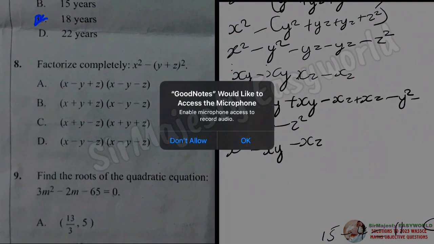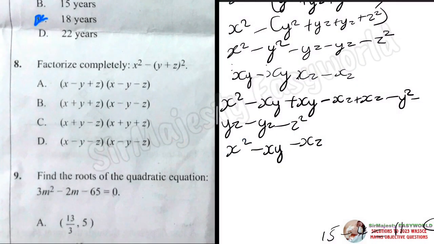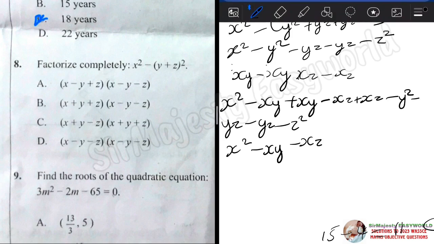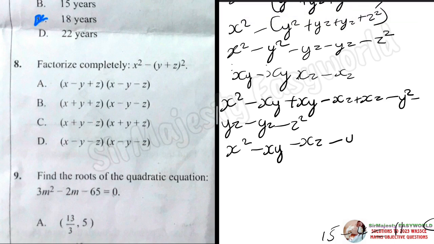So this will be minus y squared. This will be minus y squared plus xy minus yz minus z squared plus, okay, this plus xz minus z squared.